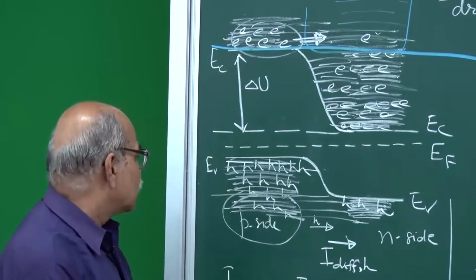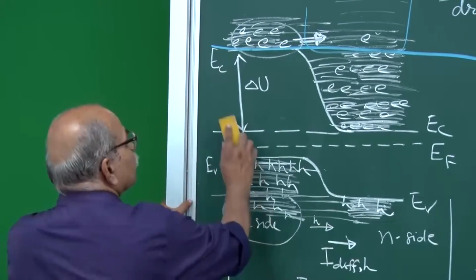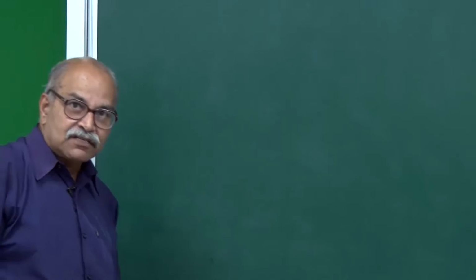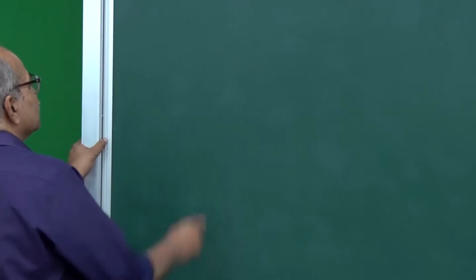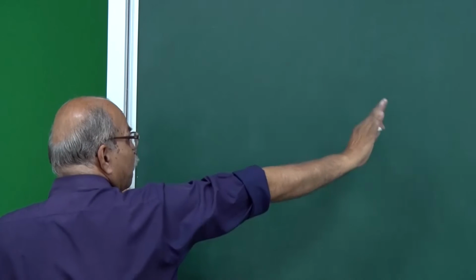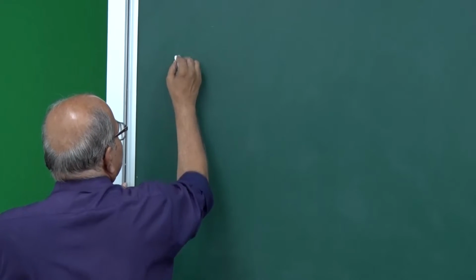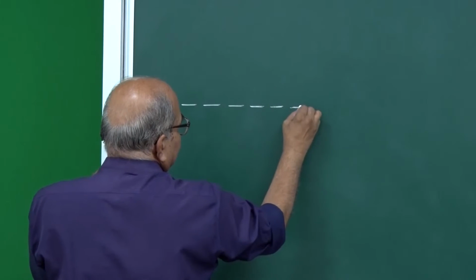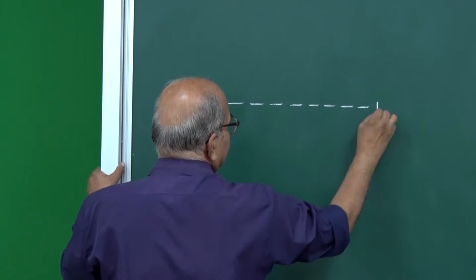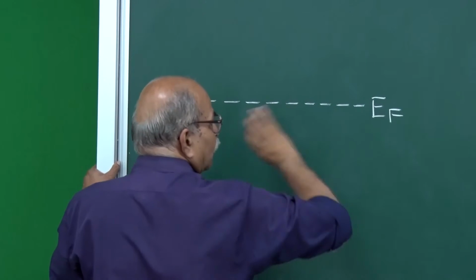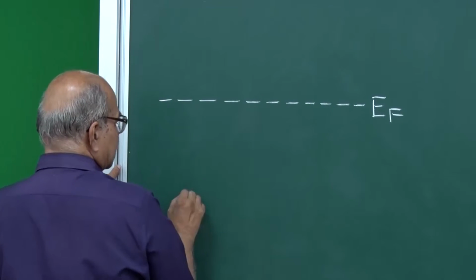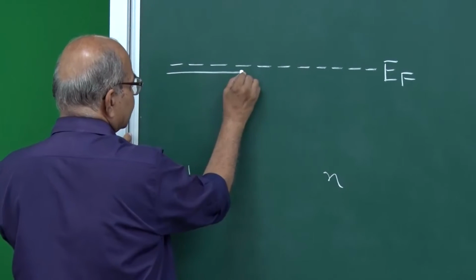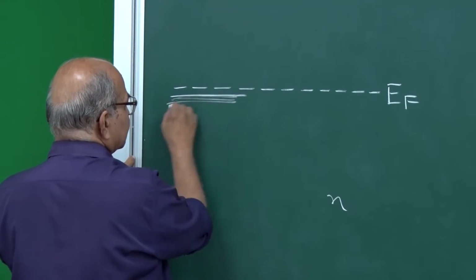Okay, so let me draw a fresh diagram of this band. Once again, before the cell was applied, you had a constant Fermi level for the entire material. This is P side and this is N side. Here the valence band starts here. This was the valence band.